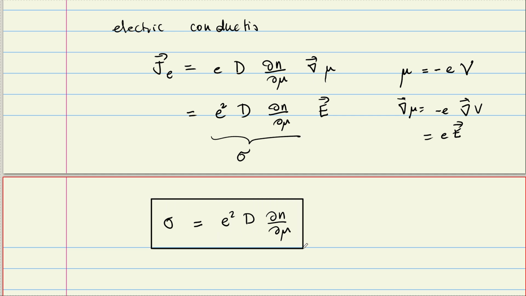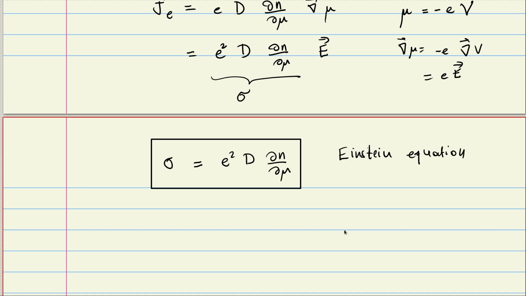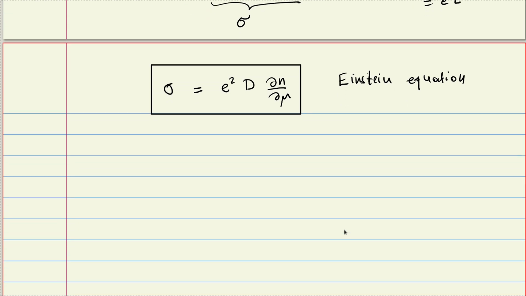So this is also very important, and this is called the Einstein equation. This also can be derived almost at high school level, without knowing anything. I didn't do it, but maybe I can give it to you as an exercise. Look at the textbook exercise. Just consider an isolated system, and inside the isolated system you put a gradient, something like that.